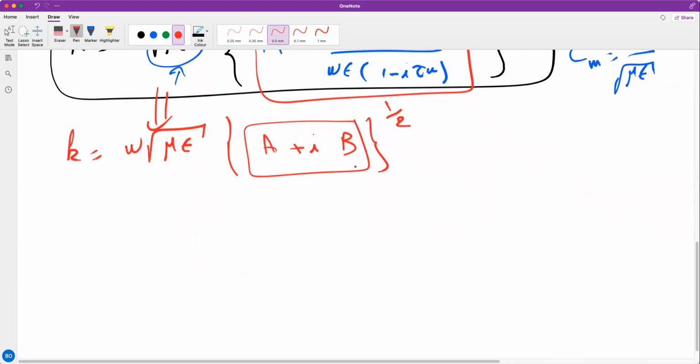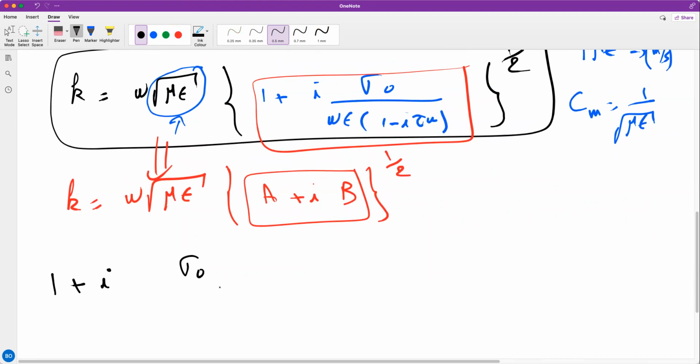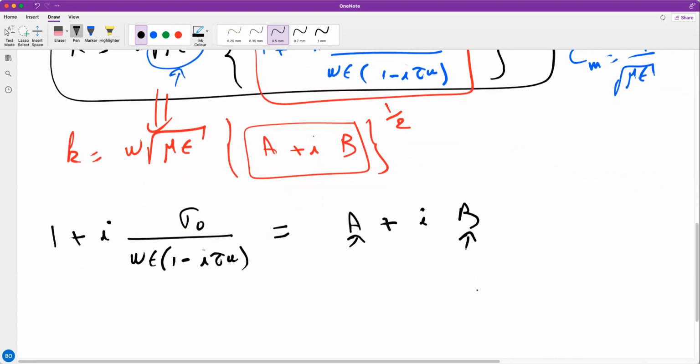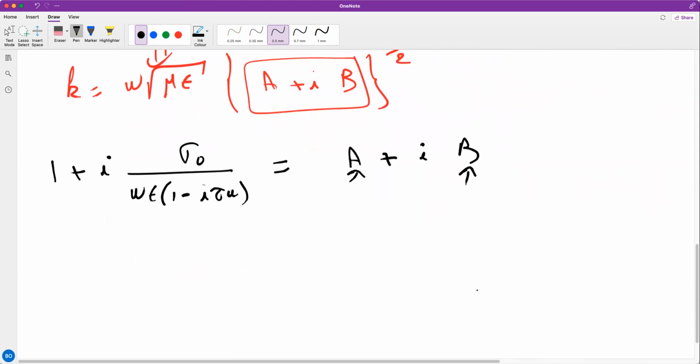So I need to take this 1 plus i sigma 0 over omega epsilon (1 minus i tau omega) and write it as a real number and an imaginary number. So how do I do this?